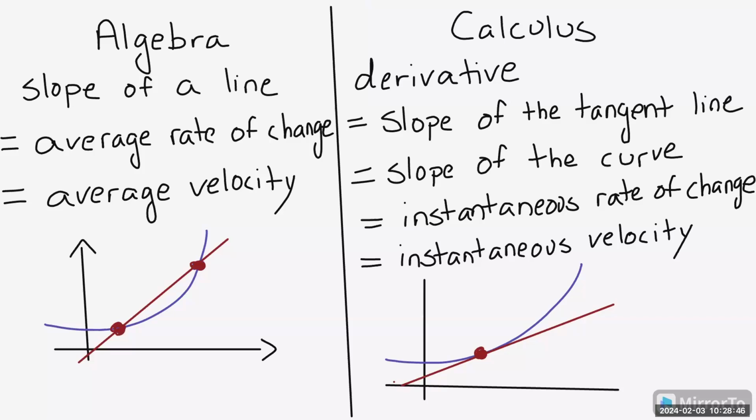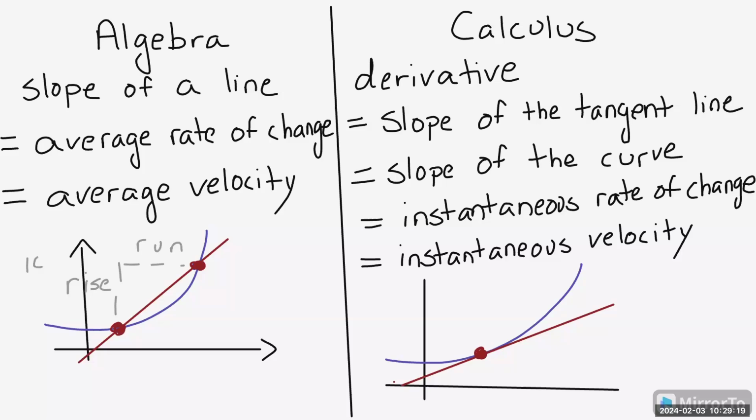So like if I drive 100 miles in 2 hours, we would say that my average velocity is 100 divided by 2, which is 50 miles per hour. So that is a slope, that 100 over 2. It's like the 100 is the rise and the 2 is the run, the rise over run.